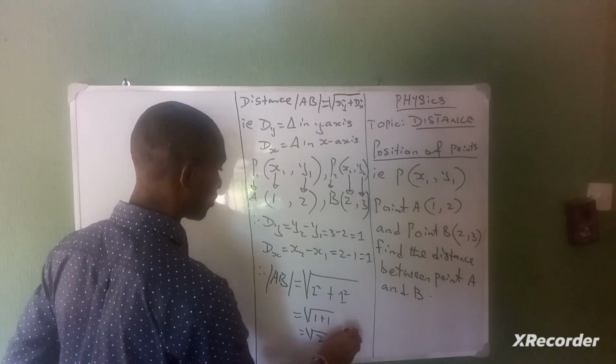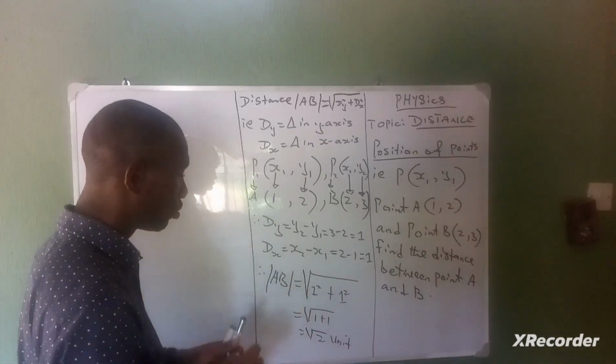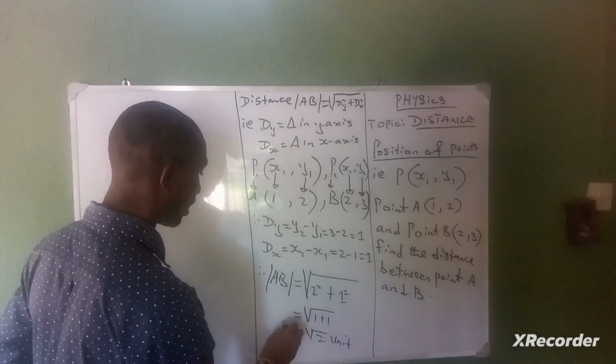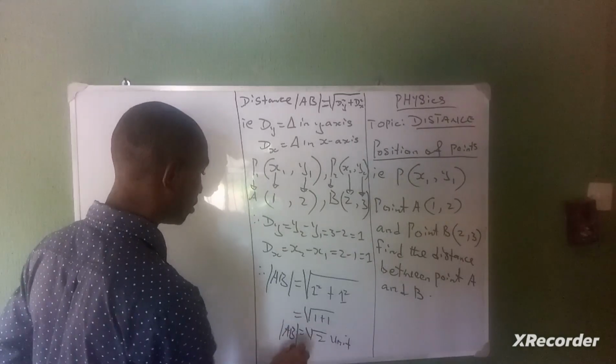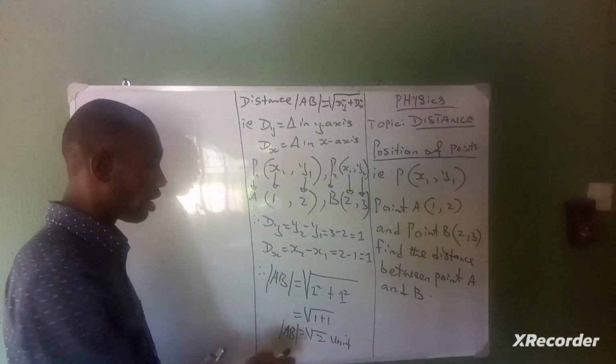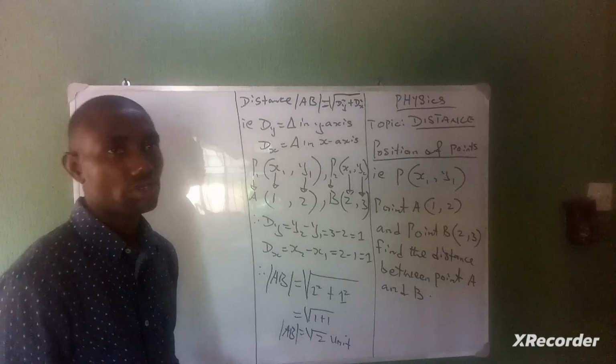So we have it that root 2 is the distance between line A and B. So the distance between line A and B is root 2 units.